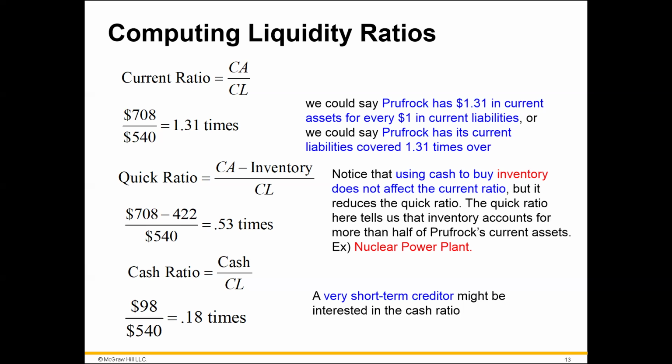All right, and let's see the cash ratio. Cash is the most liquid asset. So if we measure just the cash as a numerator, we can most accurately measure the short-term solvency. So a very short-term creditor might be very interested in the cash ratio instead of the current ratio, right?